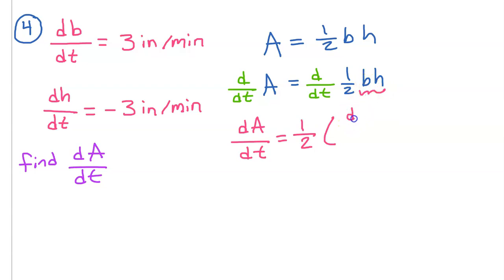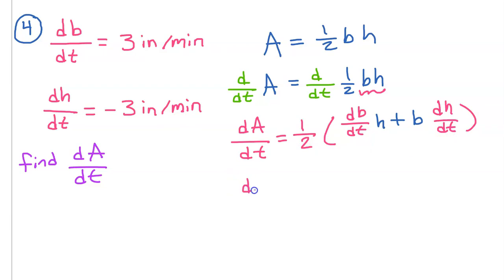So that'll be db/dt. And I leave the second factor of h alone. So I have db/dt times h. And then I put a plus. The second time through, I leave the b factor alone. And I take the derivative of the h. So that'll be dh/dt. So there's your product rule.